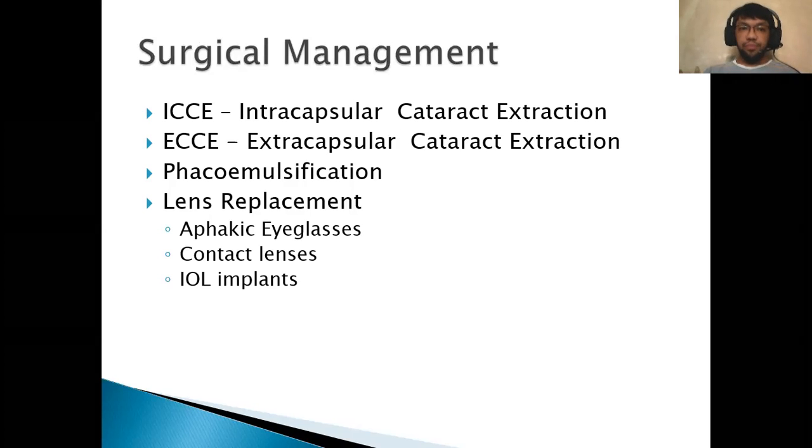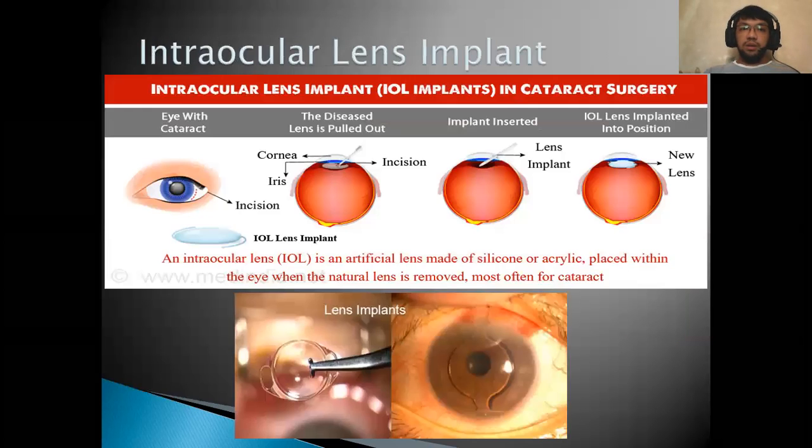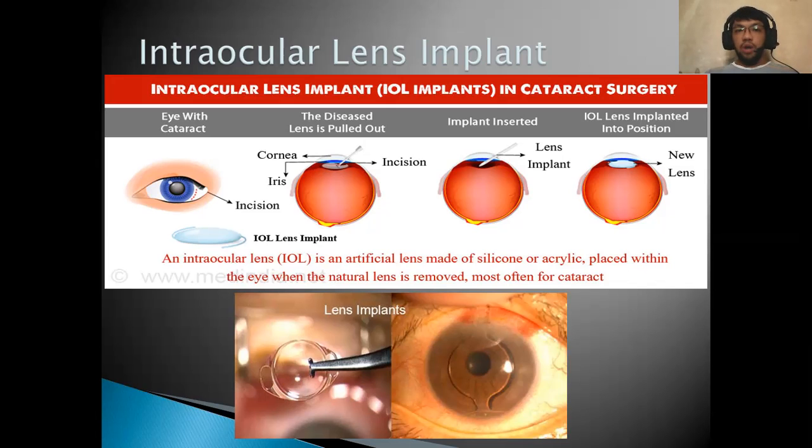and they will perform that after ICCE or ECCE is done. Intraocular lens implant will be performed by the ophthalmologist.